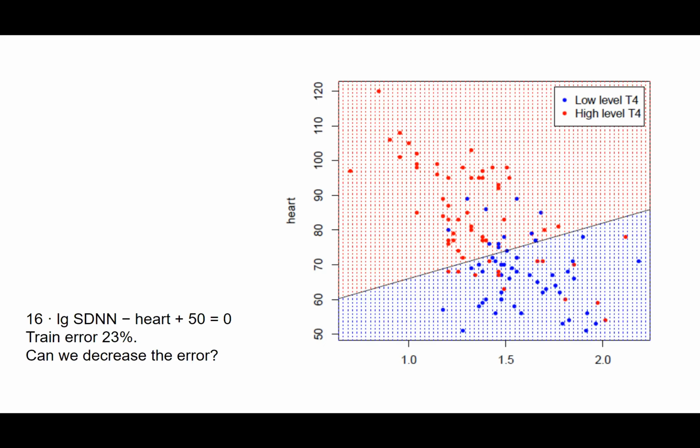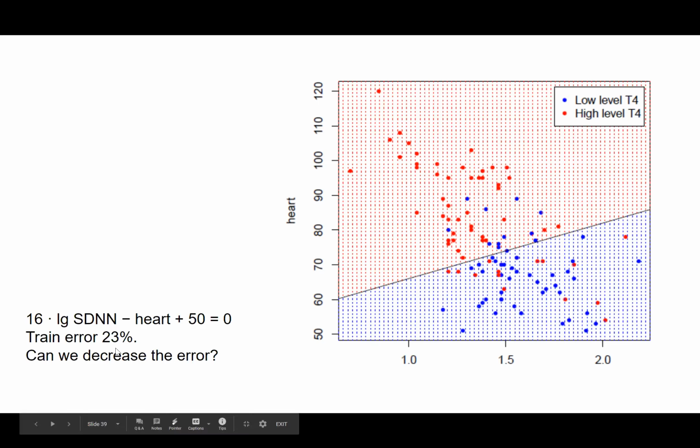But intuitively, it's clear that this line separates blue points from red points rather well. Most blue points are under the line, and most red points are above the line.